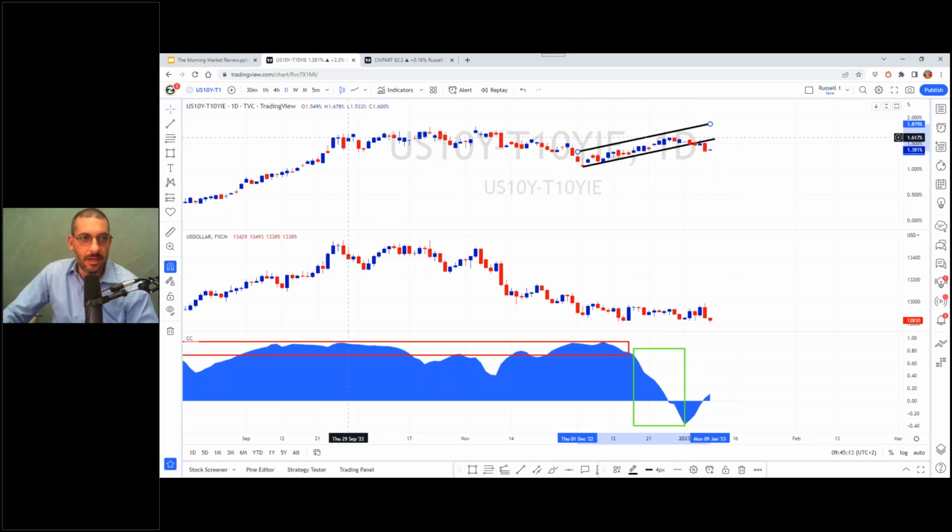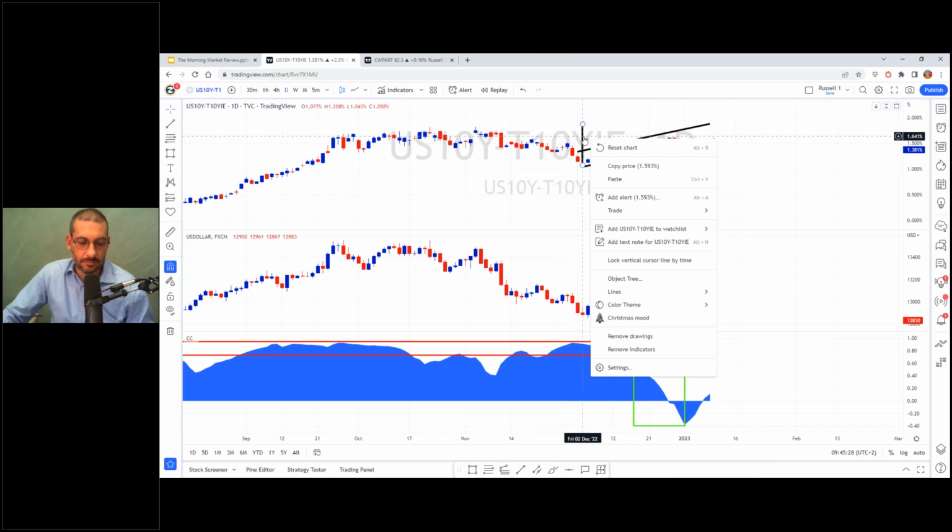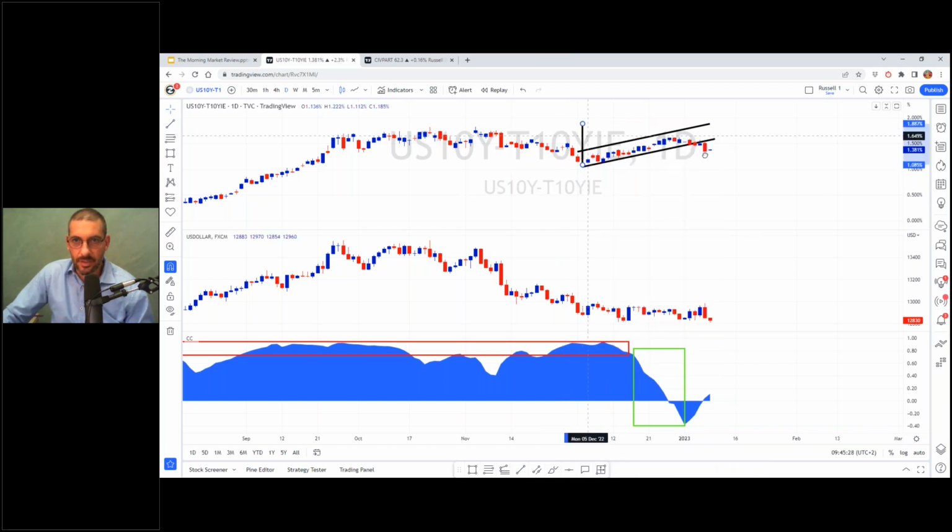Here's the flag pole, and the target here. I'm not going to put much relevance to the target. What I'll say is that a flag is a continuation pattern, so it looks as if this is a flag. If it is, lower rates. Make of that what you will.